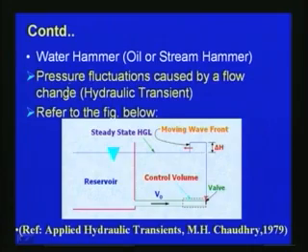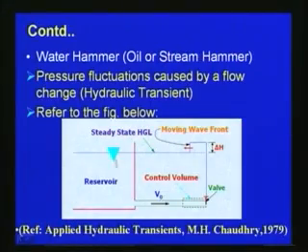If there is a sudden closure of a valve, there will be a flow change, and then pressure fluctuates within the pipe. That kind of pressure fluctuation is generally termed water hammer.